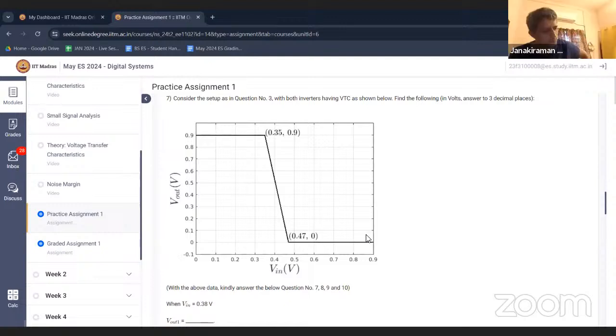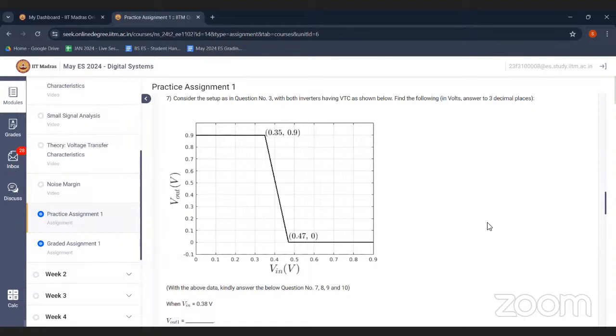So the other way to look at this is, the gain in that region is actually the slope, right? You agree? If you remember my digital systems lecture, first lecture, I showed you how to do that small signal analysis using the gain. Yes, sir.